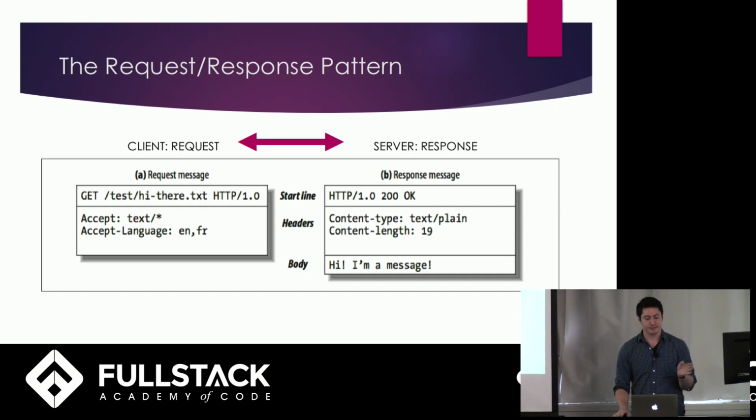The start line has the method, what you want HTTP to do for you, and the location of the resource. The headers are about content negotiation, how you want the server to bring this information back to you. On the response end, the server also has to send out a start line and headers, but the server always has to send a body as well, unless you use the head method that I'll talk about later.